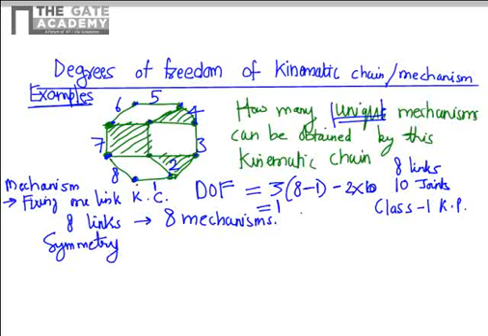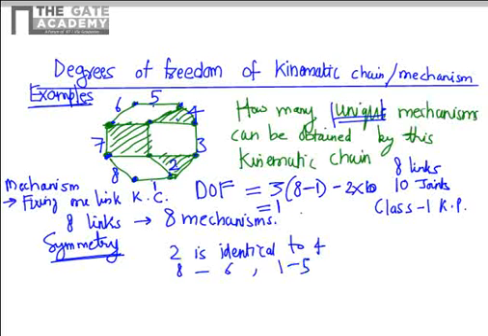Now in this kinematic chain, you can see that the link number 2 and 4 are identical. Similarly, the link number 8 and 6 are identical, and link number 1 and 5 are identical.